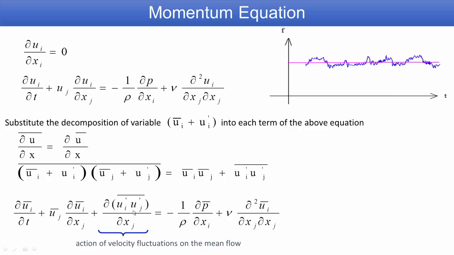Now, individually u_i' and u_j' represent velocity fluctuations. The relation of velocity fluctuation on the mean flow is represented by this particular term. This term u_i' u_j' is the main cause for turbulent flow modeling.